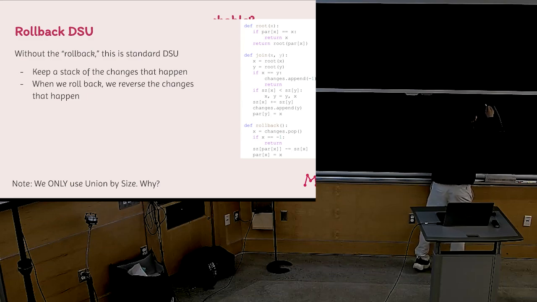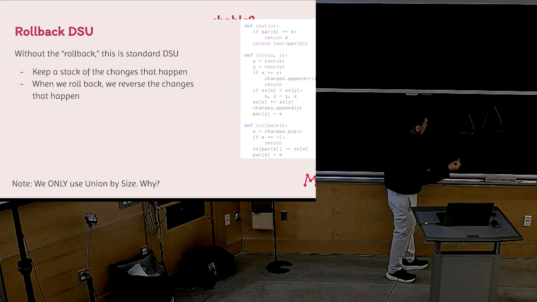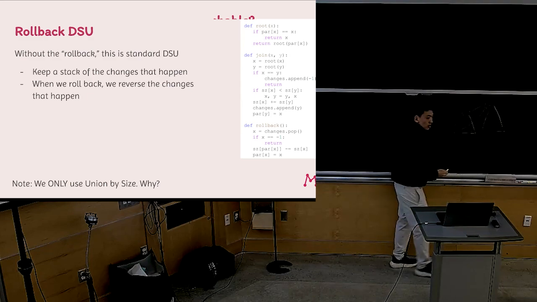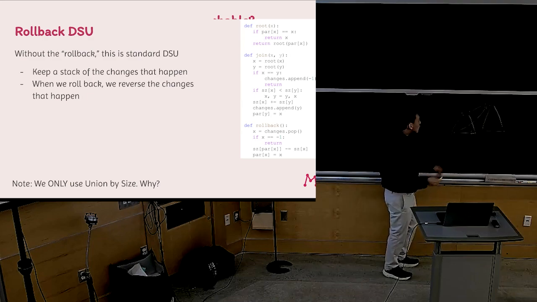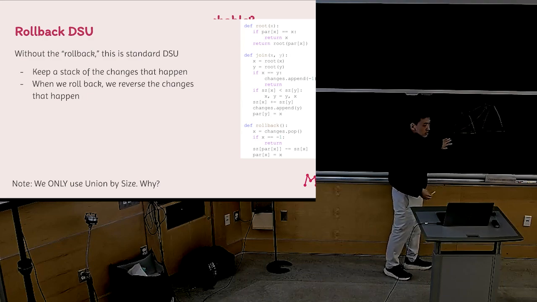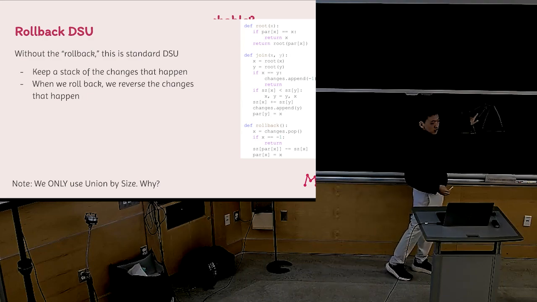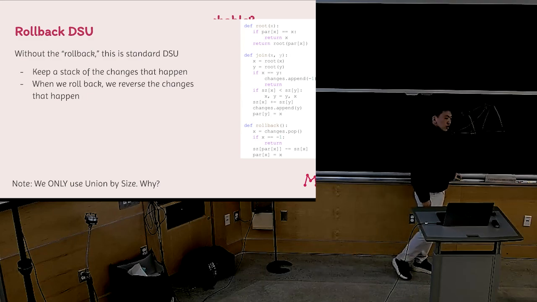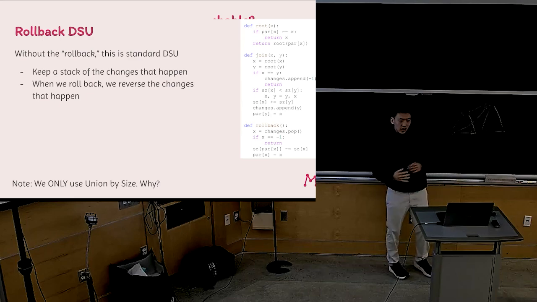And now you have a couple queries. Let's say you query some node in this subtree and some node in this subtree, and eventually through path compression, it just remembers, oh, I should point directly here instead. And now you want to roll it back, but the problem is you've already pointed this over here. So you actually have to roll back these changes first before you can roll back this one. Oh, okay, so it's because the queries will also change things. Yes.